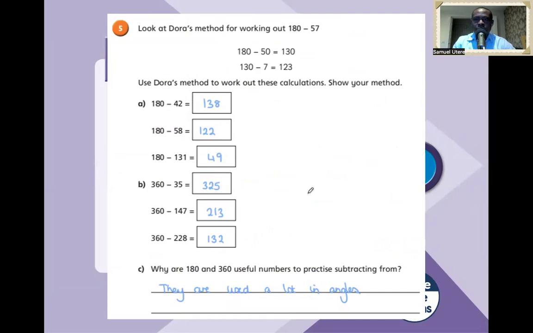Now, the aim of these is for you to start practicing mental methods of doing these calculations. After a while, you get used to it, and that's how you develop your ability to do mental calculations really quickly. All right, mark your work and celebrate your success.